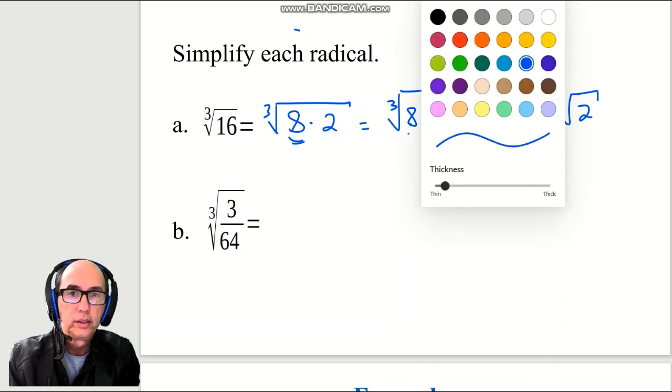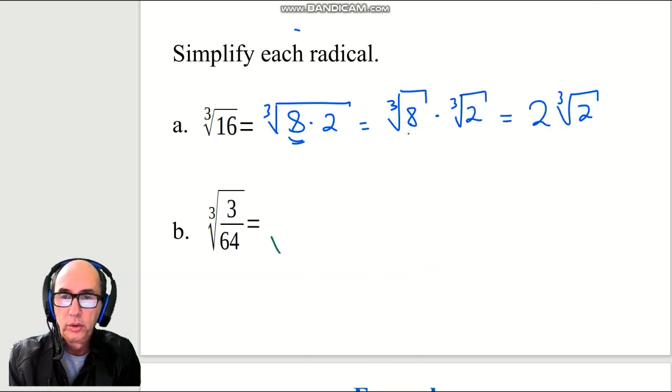Another example. Cube root of 3 over 64. Okay, let's break down. Cube root of 3. There's no simplification here on the numerator. We're going to keep it like that. And cube root of 64.